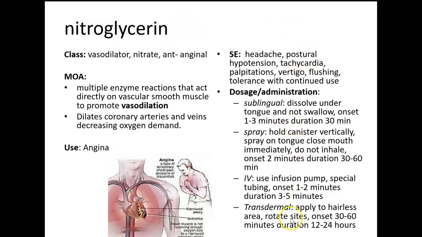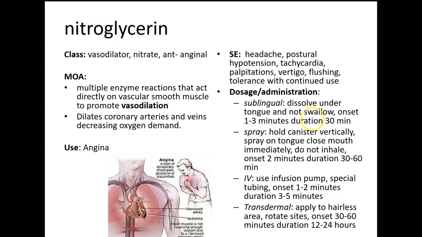So different dosages, we talked about this. We talked about sublingual, and that the onset's quick, right? And it lasts 30 minutes. And we give those pills. So let's say you have chest pain, take a nitro, wait 5 minutes. Take another one, 5 minutes. Take a third. You're done.